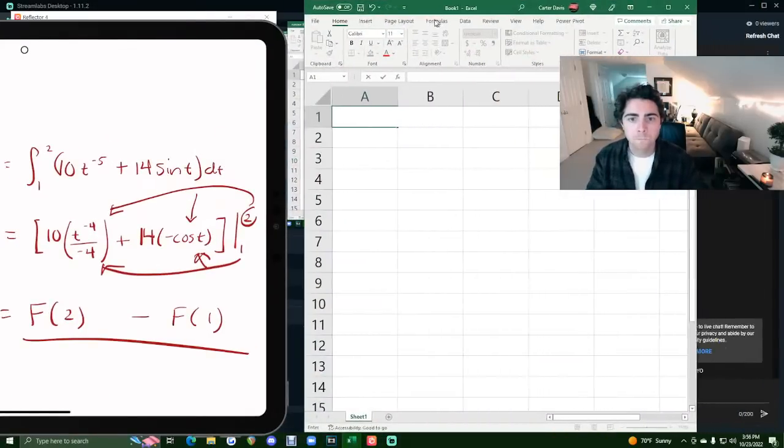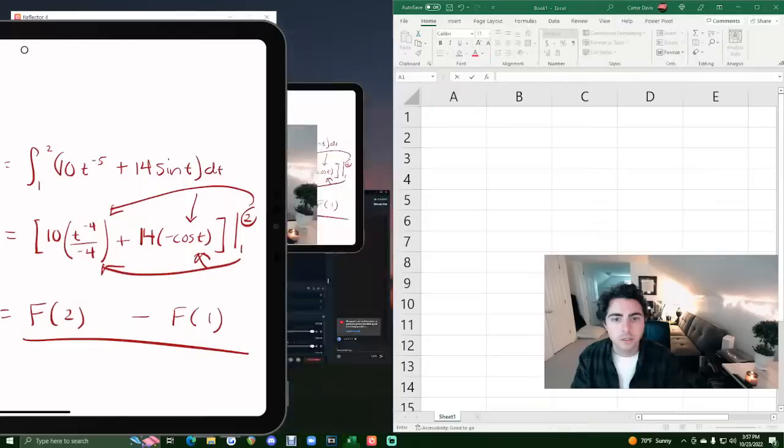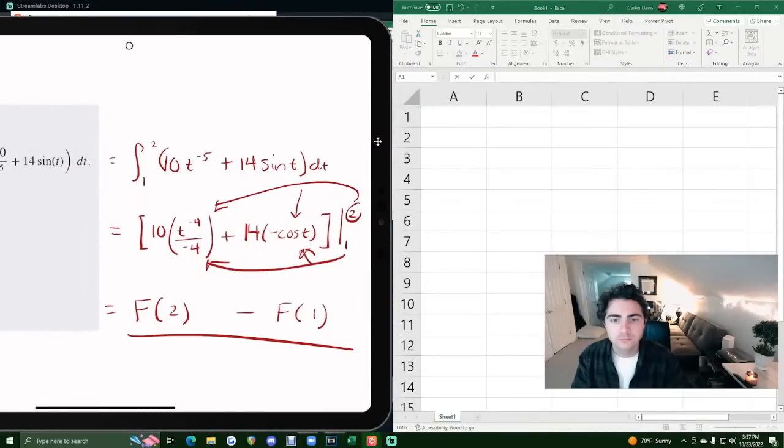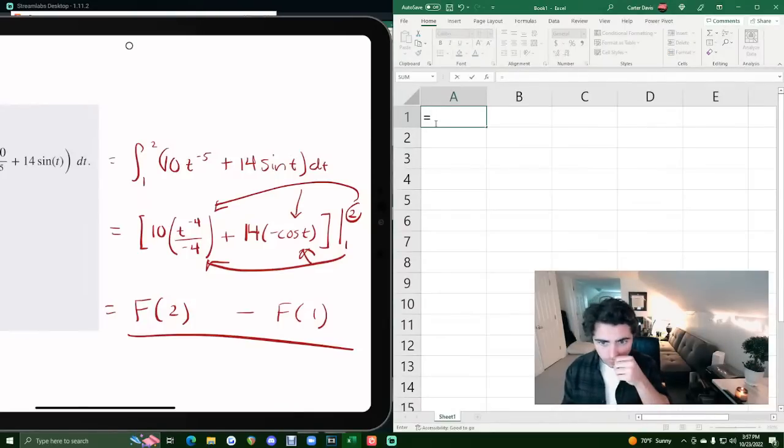So we have equals. We're going to do plugging in 2 first. I'm going to do big parentheses. We're going to do 10 times, in parentheses, t to the negative 4.